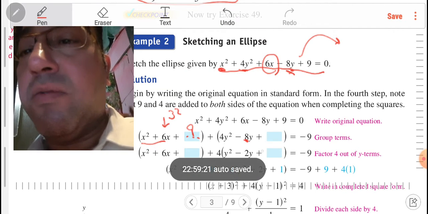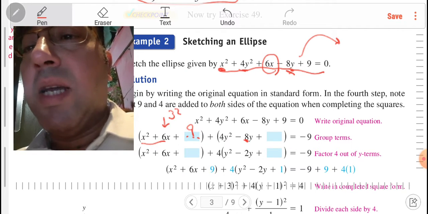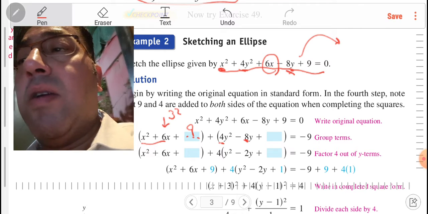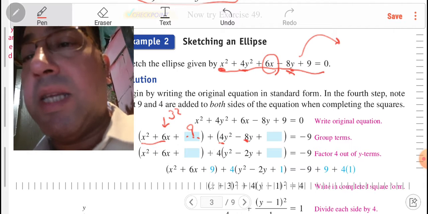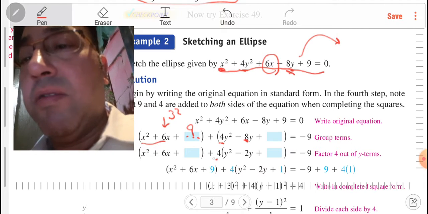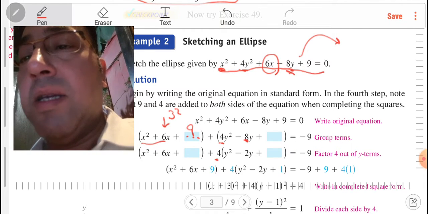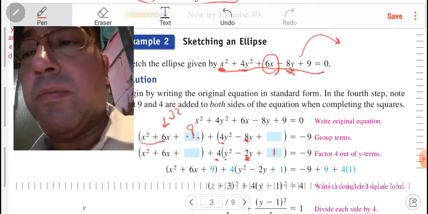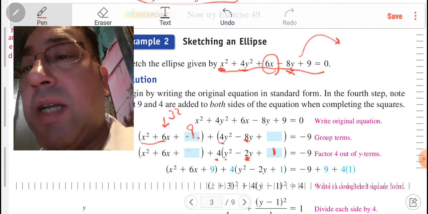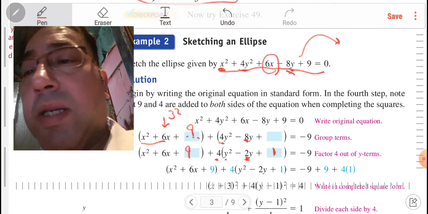Half the coefficient of y, squared. But here y squared must be pure, so please take 4 as a common factor. 4 out, okay. And now it's y squared minus 2y plus half this number squared, which is 1. Here is 9, and here is 1.